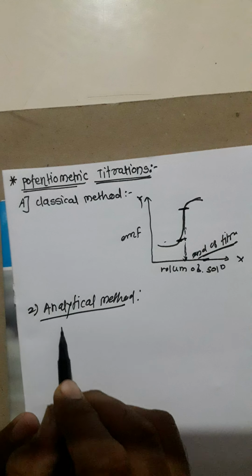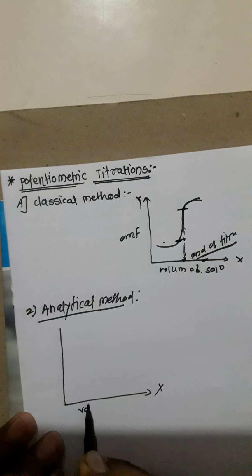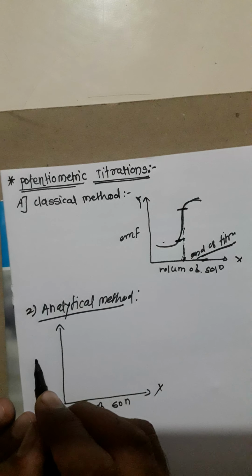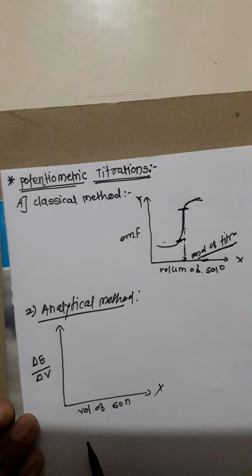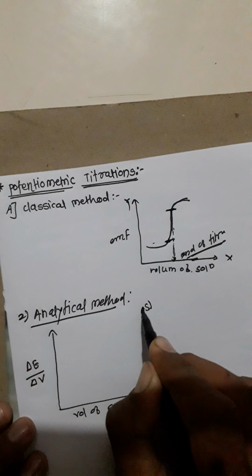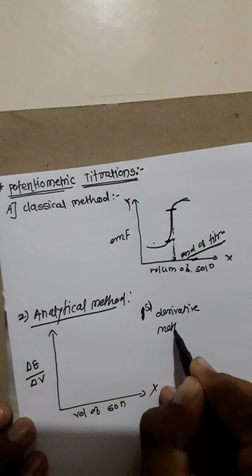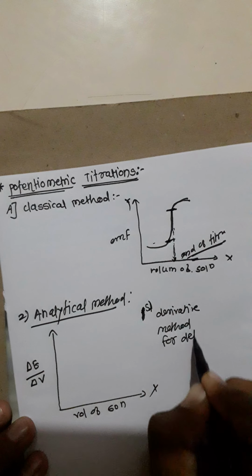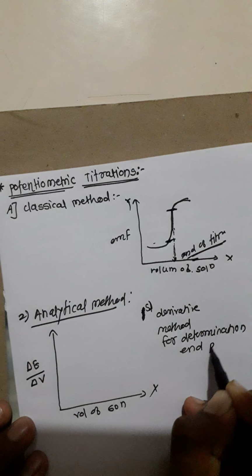For graphical representation, the x-axis is the volume of solution and the y-axis is delta E upon delta V. This is the first derivative method for determination of end point of titration.